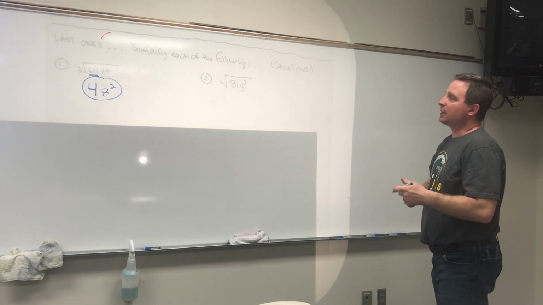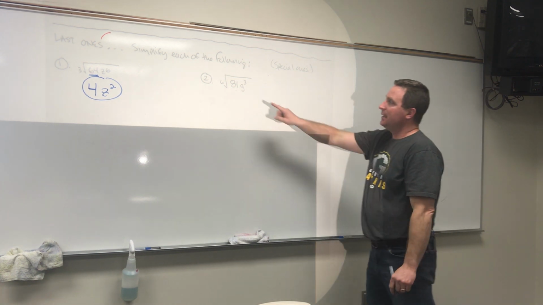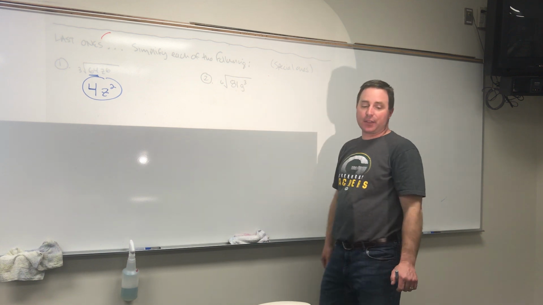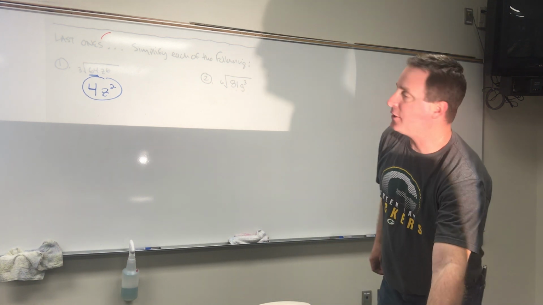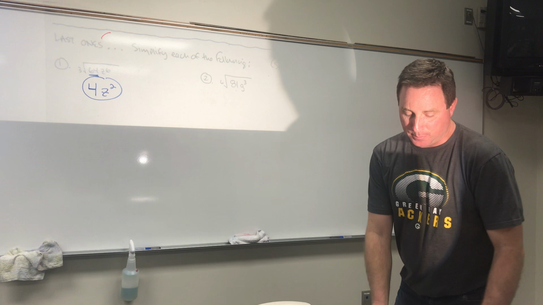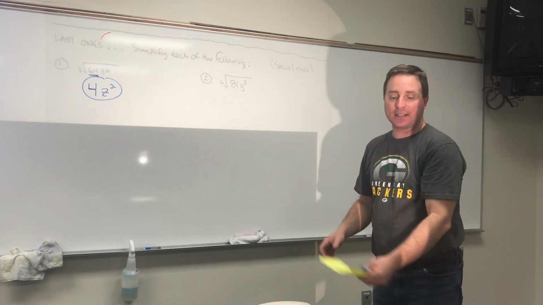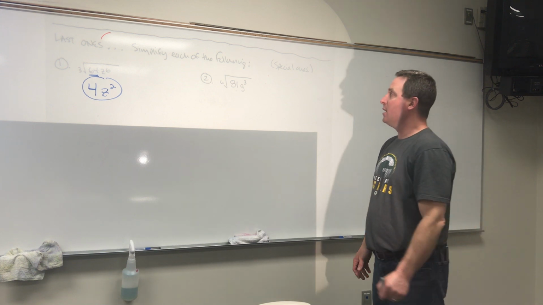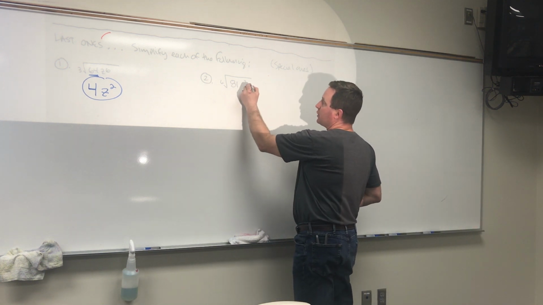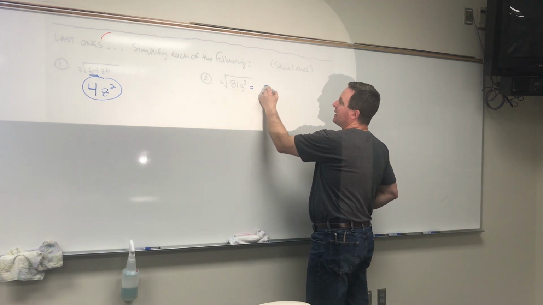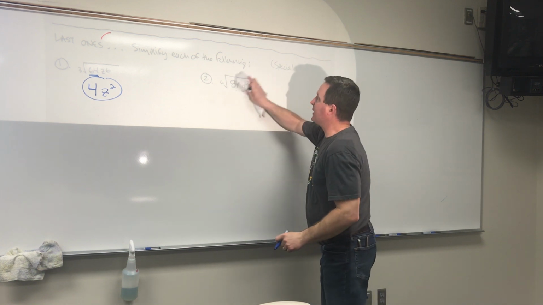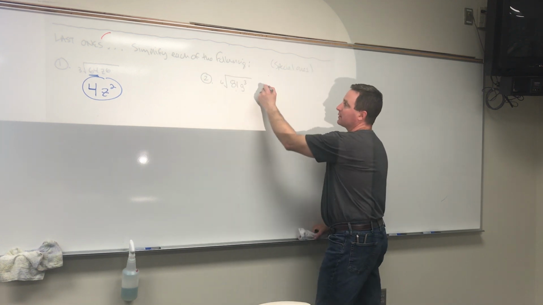Let's take a look at the next one. The 6th root of 81g to the 3rd. Now, bad news. 81 is not a perfect 6th. If you look down to your 6's, 81 isn't on there. Uh-oh, so now what do we do? Well, the first thing we should do is change it into fractional exponents.